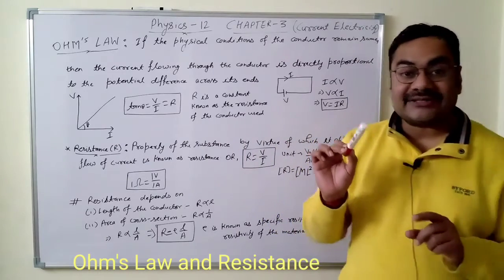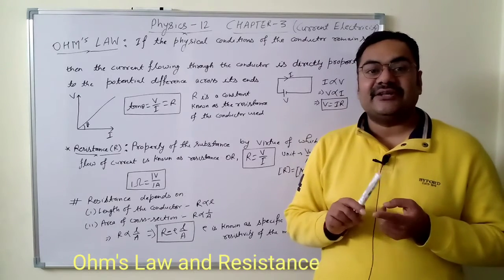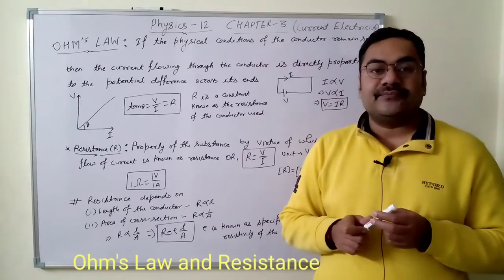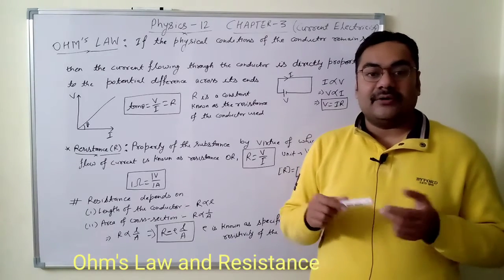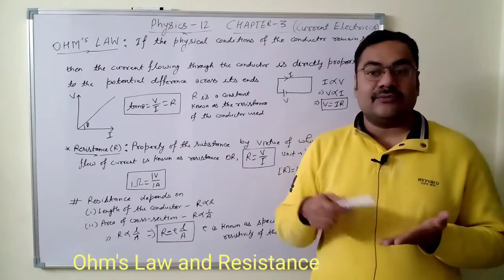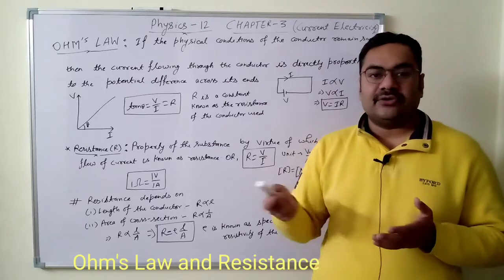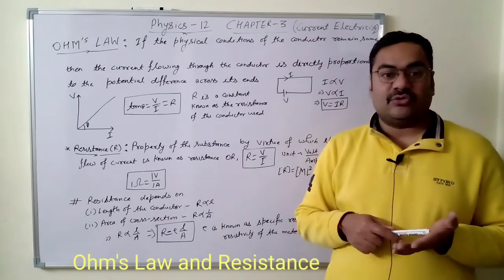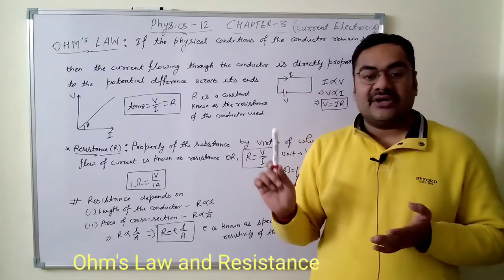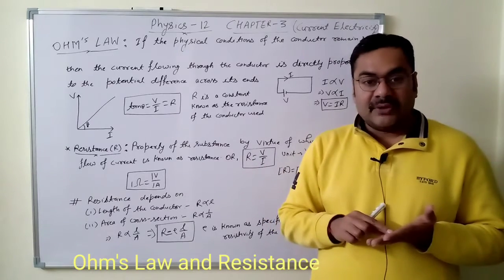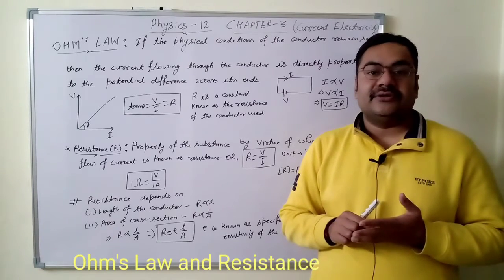Now listen carefully, resistivity of the given material means resistivity is a property of that material of the conductor. I can say the resistivity of copper is a constant at normal temperatures. Resistivity of aluminum is a constant. So resistivity of conductors are constant, but resistance is not a constant for a material.